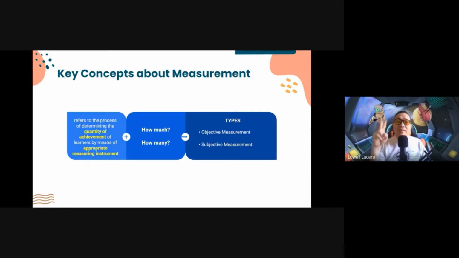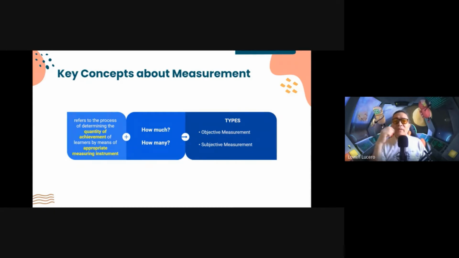Second, using appropriate measuring instruments. That's why we introduced to you the different types of assessment methods. We have different categories of assessment methods. Now, we also talk about measurement, the types of measurement.